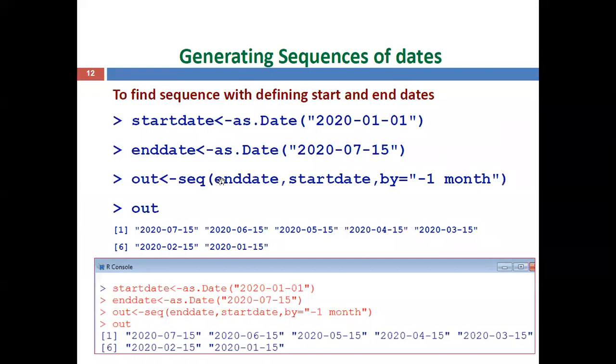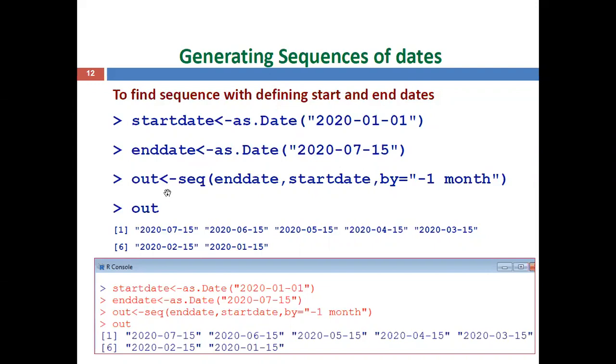Then coming to next one, using start and end dates as variables to find sequence with defining start and end dates. Suppose start date equal to, we are taking as the date. A specific date is taken as the starting date. Then end date, we are defining the end value also. So end value is 15th July 2020.